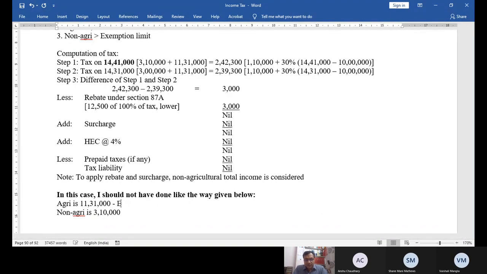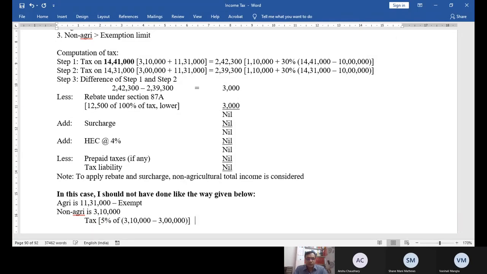What you should not have done is say that since agricultural income is 100% tax free, it is exempt, and since non-agricultural income is 3 lakh, tax is how much? Up to 3 lakh nil. So 3 lakh to 3,10,000, that means 5% of 3,10,000 minus 3 lakh. 10,000 at 5% is 500.